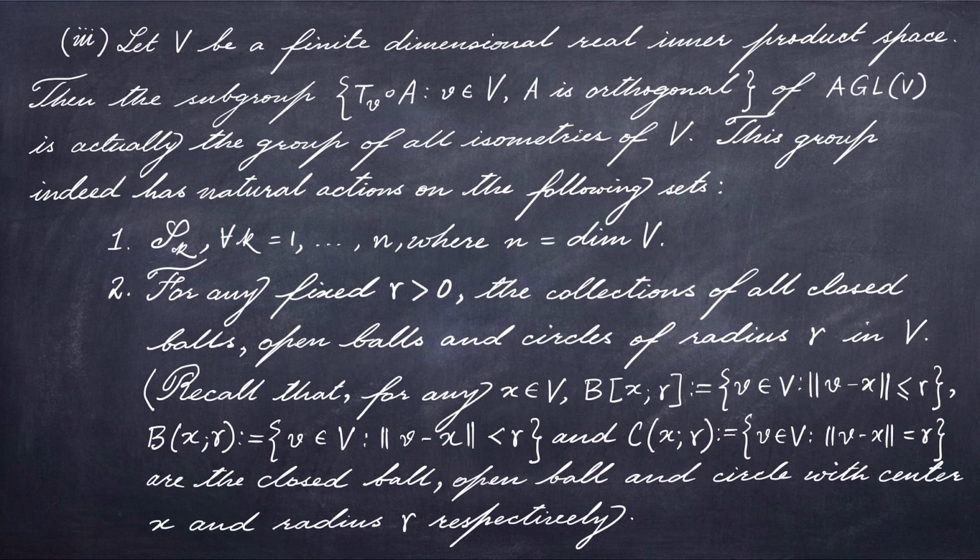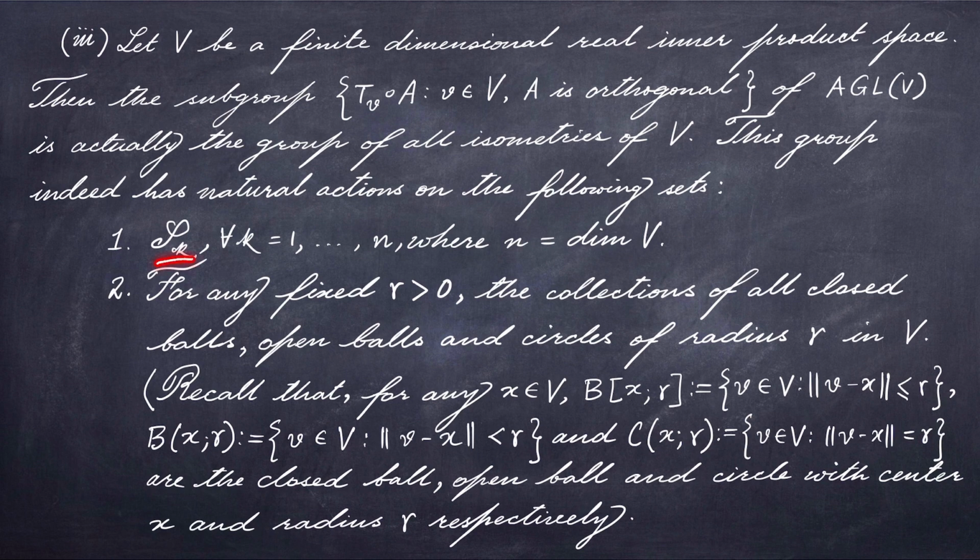By an isometry, remember, we mean a map which preserves the distance between any pair of points in V. And since this is an isometry, we see that this group of all isometries has natural actions on the following sets.